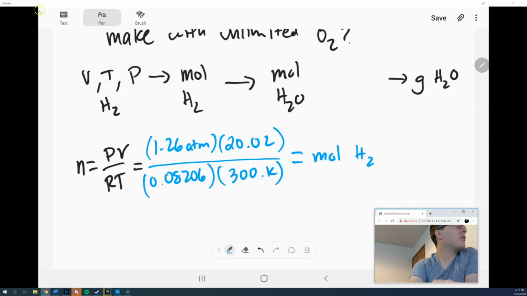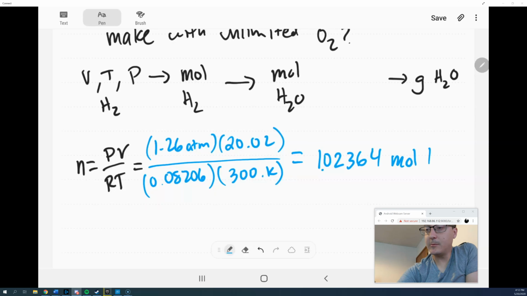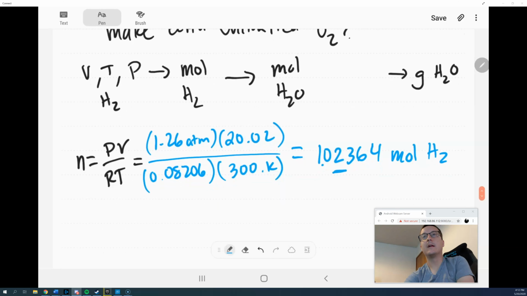Okay, so doing the math, let's see, 1.26 times 20 divided by 0.08206 divided by 300. Okay, so I got from that... there it is. From this we got 1.02364 moles of hydrogen. Okay, and looks like we have 3 sig figs, so let's just remember that.